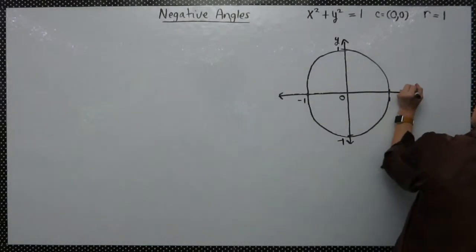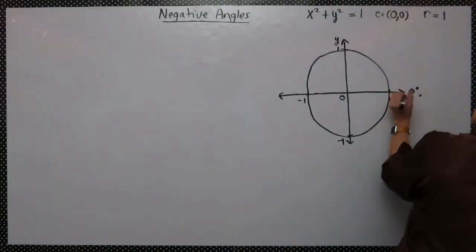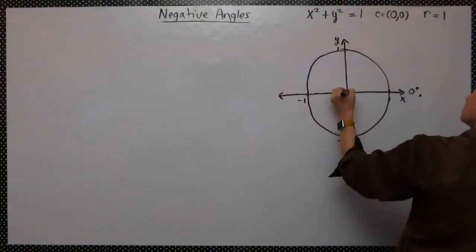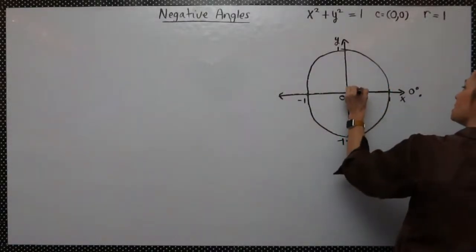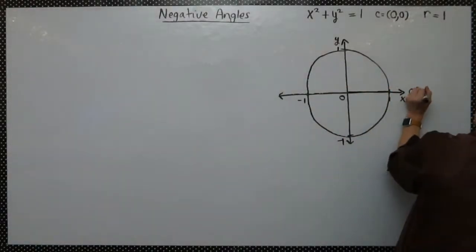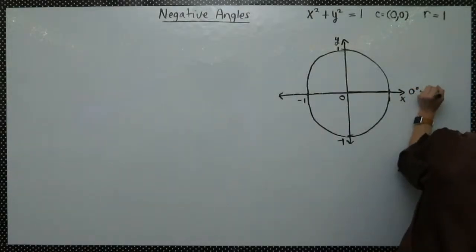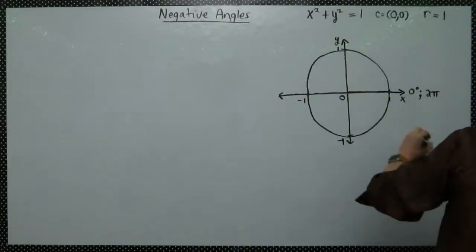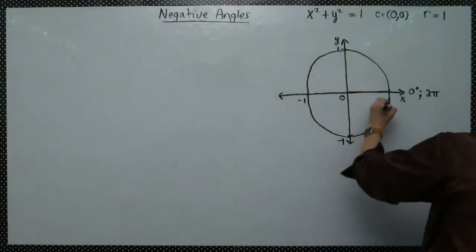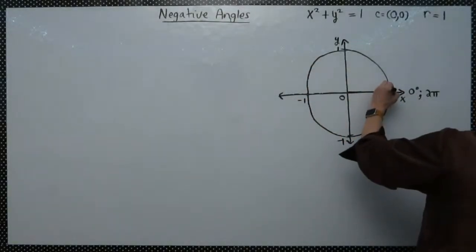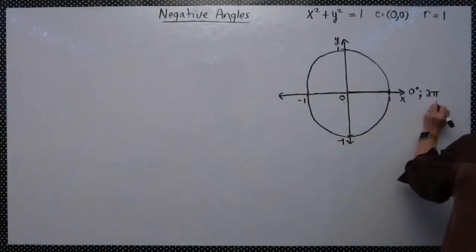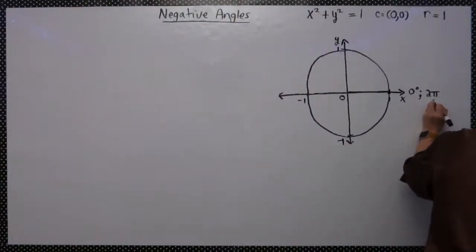So recall, this is the 0 degrees, this line right here. At this starting point we have a reference angle of 0 degrees, because it's laying on the x-axis. And then we also have a value of 2 pi, because if you travel exactly around the circle one time, you go full circle, you have gone 2 pi. And 2 pi in radians is 360 degrees.